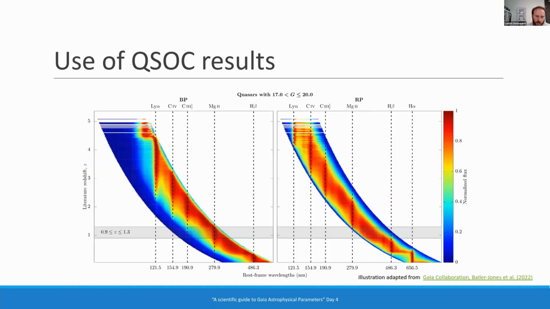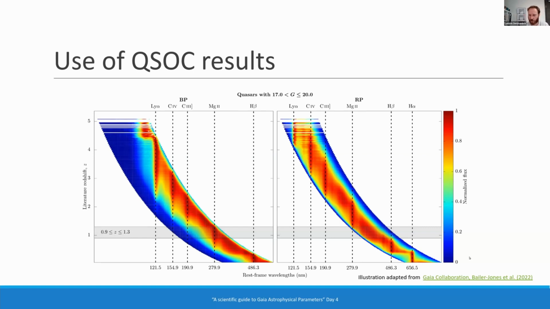If we look now at redshift-stream spectra, here each row in this plot is a bin in redshift, and I'm taking the average of the spectra in this bin, stacked into a stream. So this is what Gaia is observing.